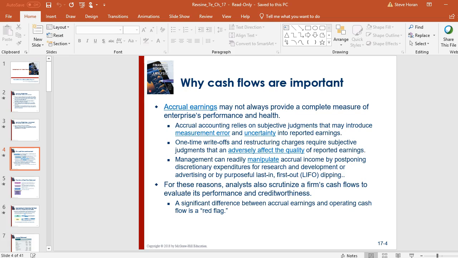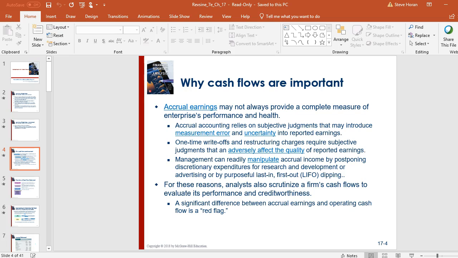So I think everybody's aware of that. Think way back to accounting principles and some of the adjusting entries that you do. So we want to be aware of that. And also, because this is a financial statement analysis class, we want to focus on some of the issues that management can do to manipulate income by postponing discretionary expenditures, and so on.